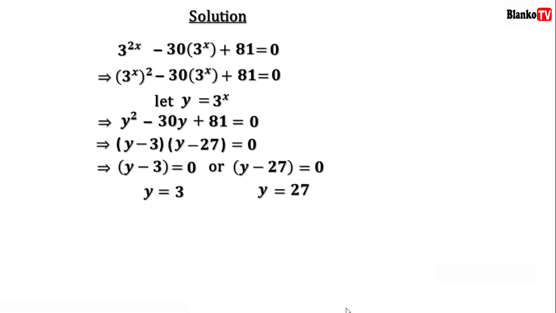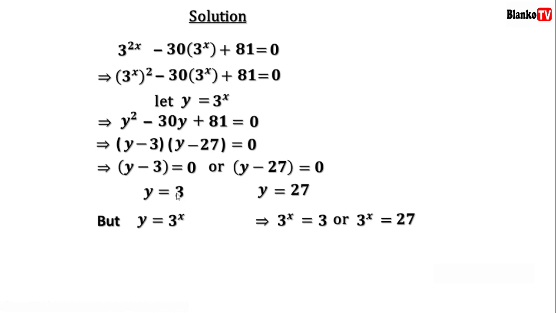Okay. But we represented y by what? 3 raised to the power x. Okay, so now we have 3 raised to the power x is equal to 3, or 3 raised to the power x equals 27.